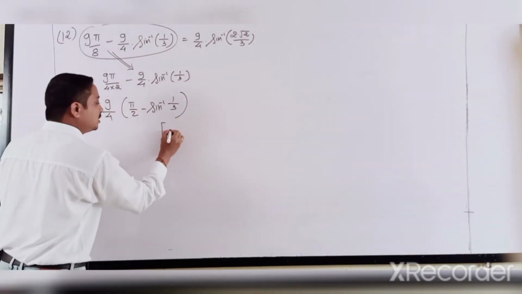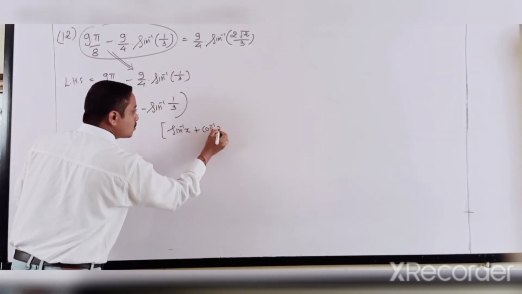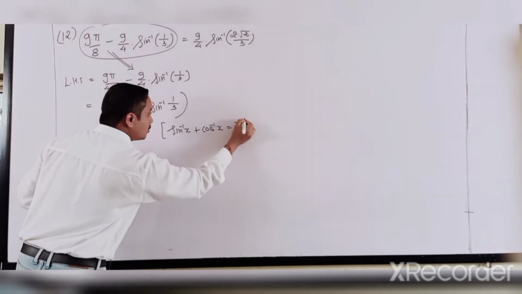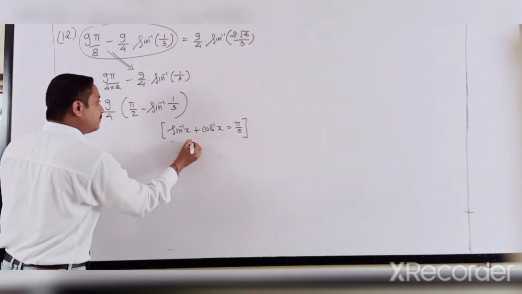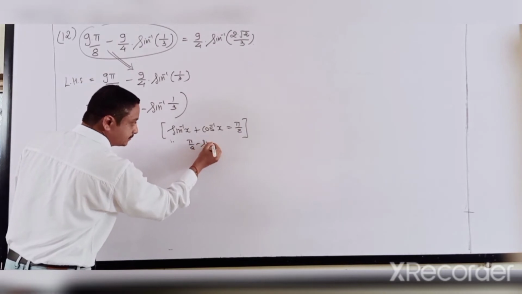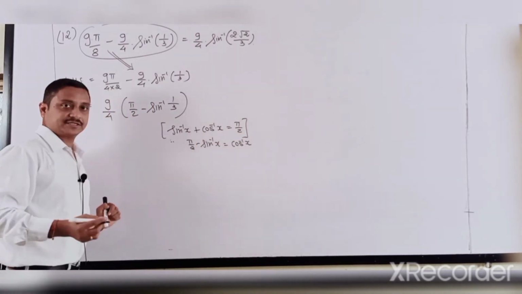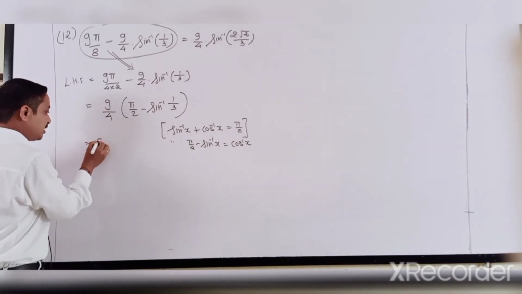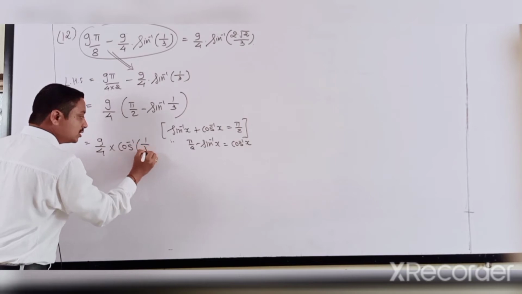Now, students, you know our property: sin inverse x plus cos inverse x is equal to pi by 2. So what is pi by 2 minus sin inverse x? Which is cos inverse x. So here 9 by 4 same, here cos inverse 1/3.